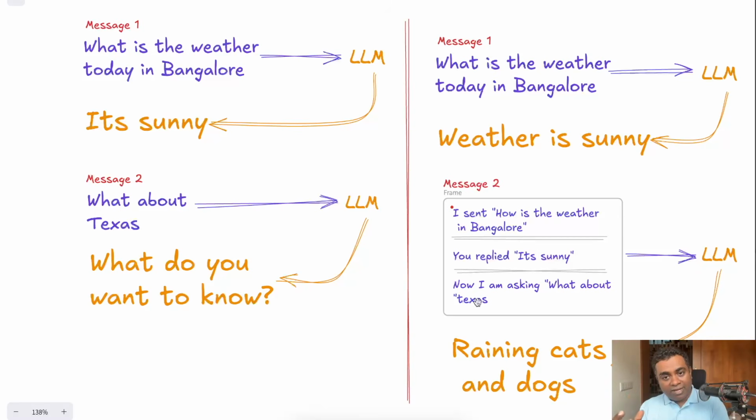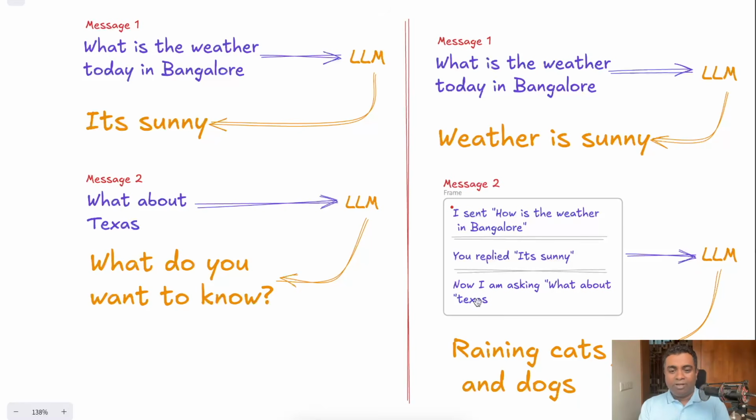Now, because LLM has a context in which I am talking, because it knows that first he asked about the weather in Bangalore and then I replied back, and then he is asking about Texas, he is referring to the weather in Texas, and then it can respond back correctly. So this chaining of messages or building this whole context to the LLM is necessary for us when we call the LLM the second time.